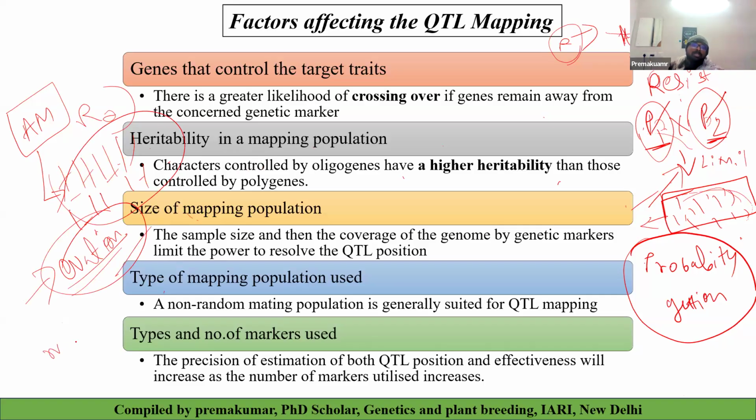As I told, the more the recombination, the higher the resolution. You are getting a single marker very near to the QTL, so you get a very small window here. That's why resolution is very high but power is low in association mapping. In the earlier case, the power of identifying the QTL is very high but resolution is very low.